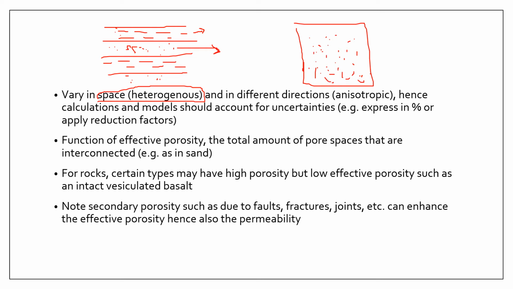You might have a bigger hydraulic conductivity in the horizontal direction compared to the vertical direction. But it always depends on the aquifer conditions. So these uncertainties should always be expressed or accounted for in your models or in your calculations.